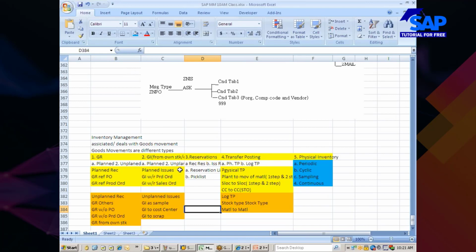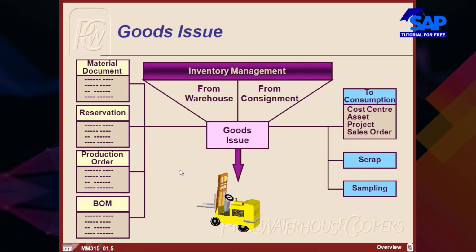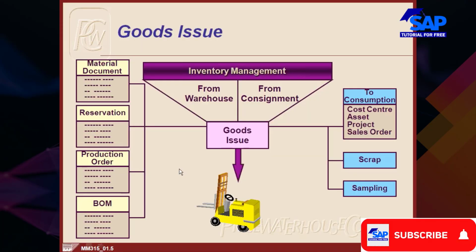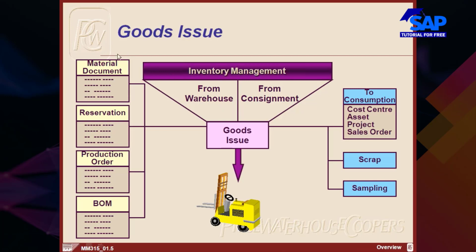Right, so here you could see from consignment or from the warehouse. When you post the goods issue, you can post it with reference to a material document, with reference to reservation, or with reference to production order, or with reference to bill of materials. These are all called planned issues.